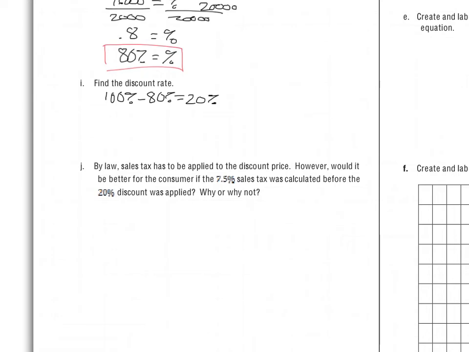As it is, if we paid it after the discount, our quantity would be equal to 1.075 times the whole. So we're paying 7.5% extra on the whole price. The whole price after the discount is $16,000.